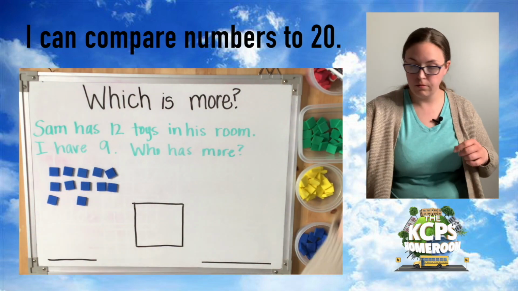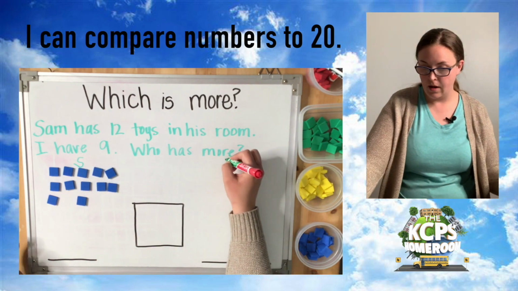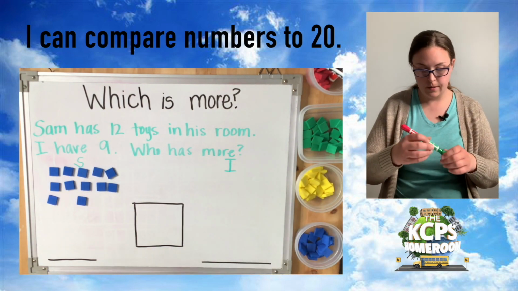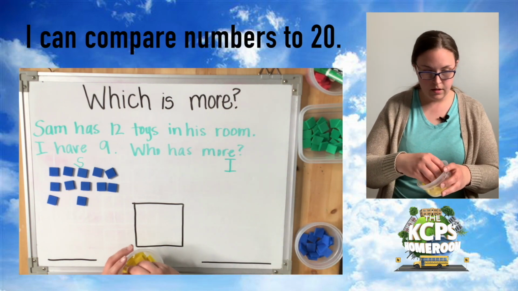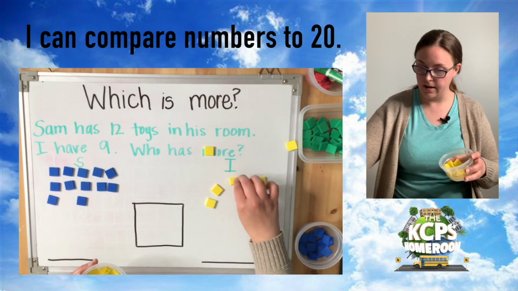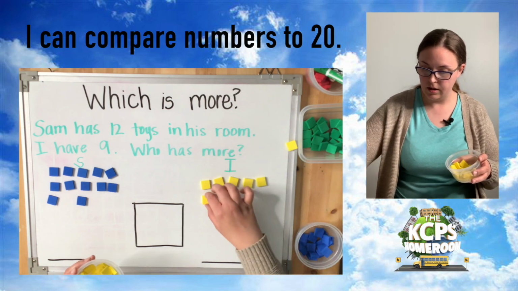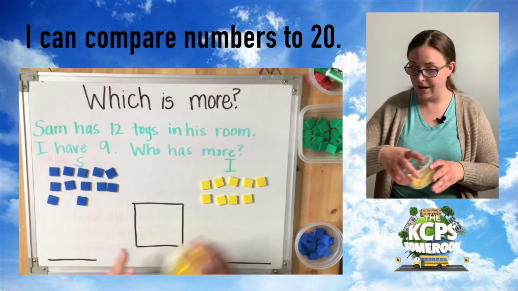I'm going to write above here that these are Sam's. I'm going to put mine over here, and I have yellow counters for me. So I have 9. 1, 2, 3, 4, 5, 6, 7, 8, and 9.